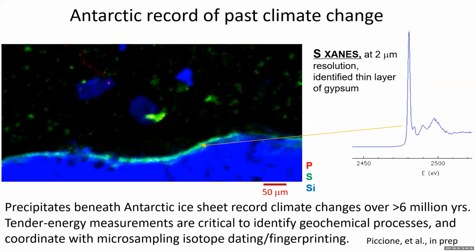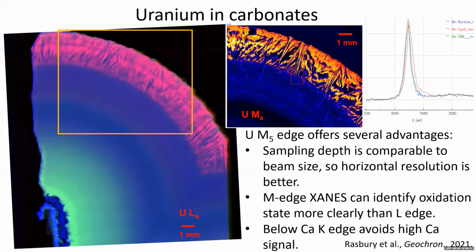While on the subject of carbonates, it's important to think about uranium because that's quite often an important trace element in carbonates and of much interest, particularly for geochronology. And the uranium M5 absorption edge is at 3,550 eV.